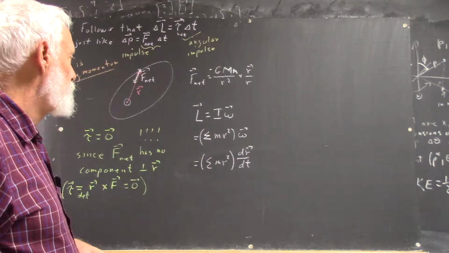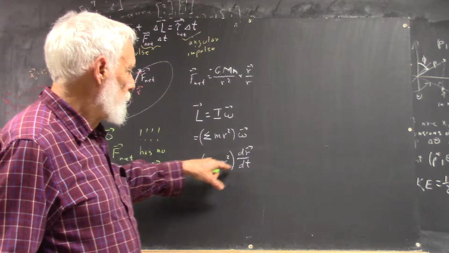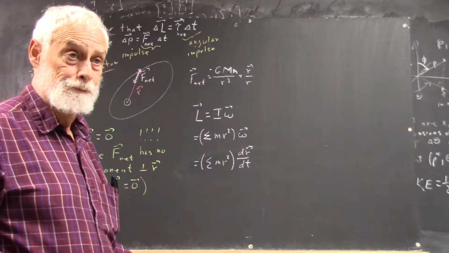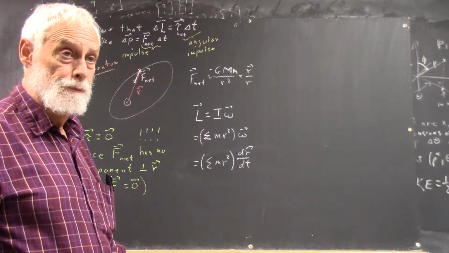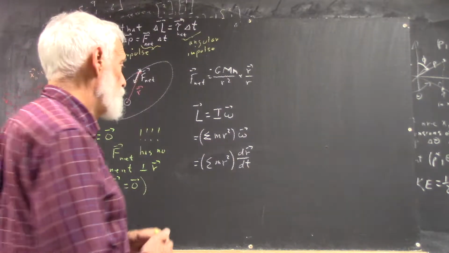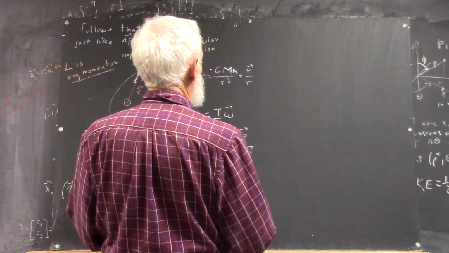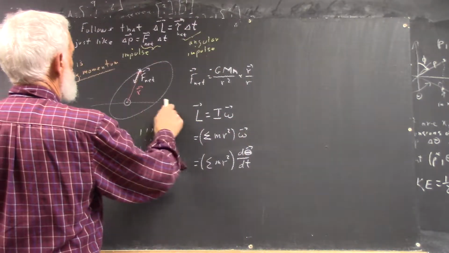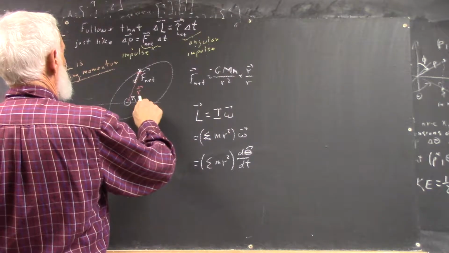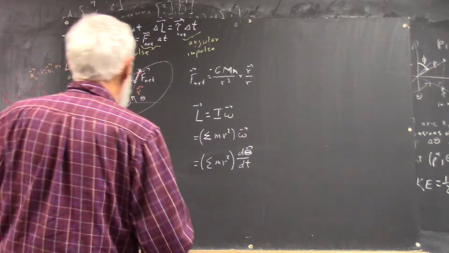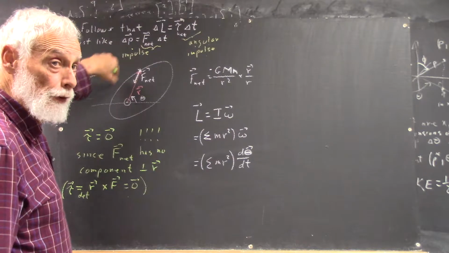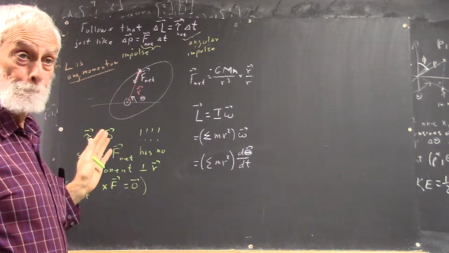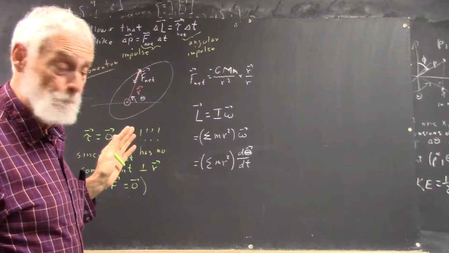Which is the sum of your MR squared times d theta dt. So now we have angle theta. As this thing moves around the orbit, theta changes, right?